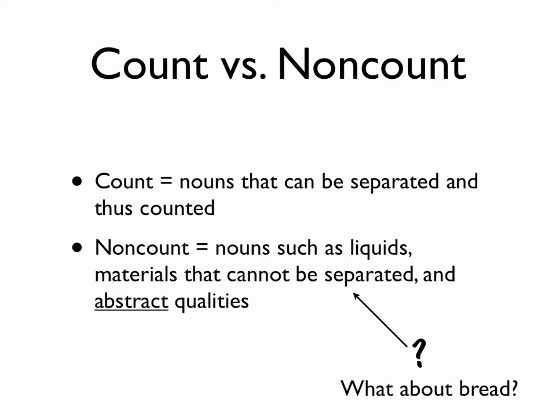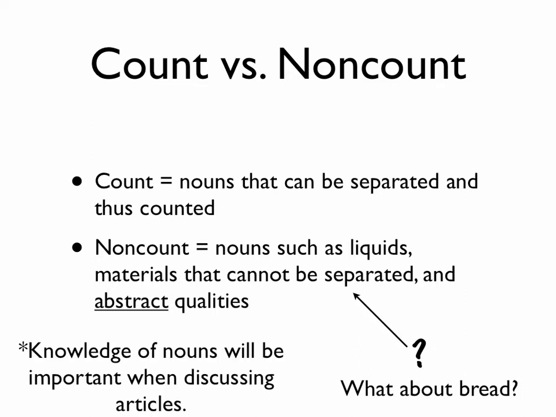So sometimes if you do get a little bit confused by certain words like bread or a word like water, just know that you can add additional words to that original word and you can modify it in that way too. Knowledge of nouns is going to be really important when discussing articles and quantifiers, and basically knowledge of nouns is just generally important for knowledge of English grammar.